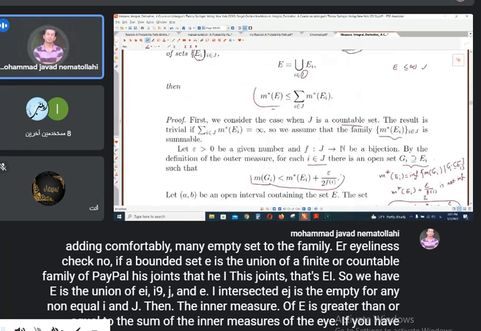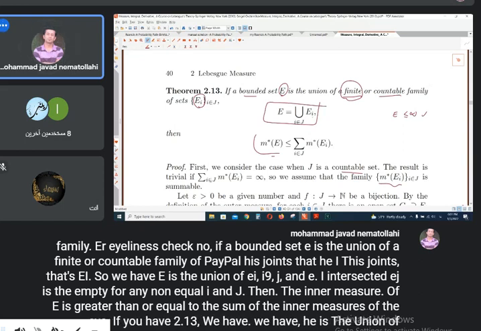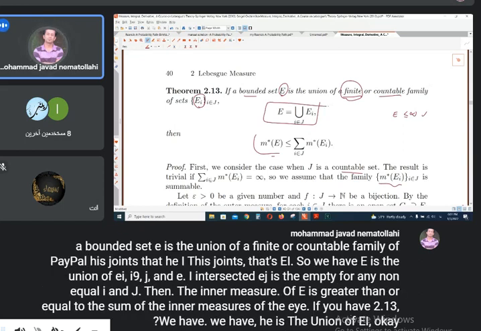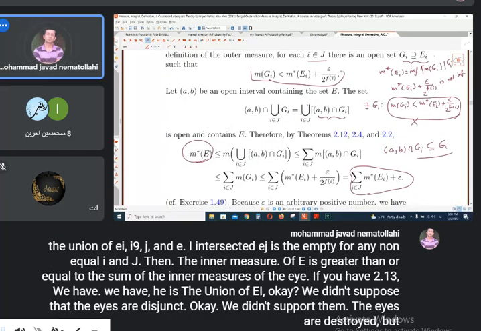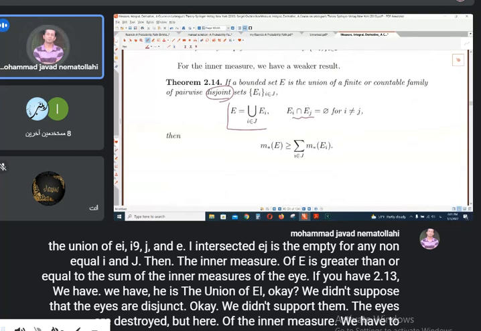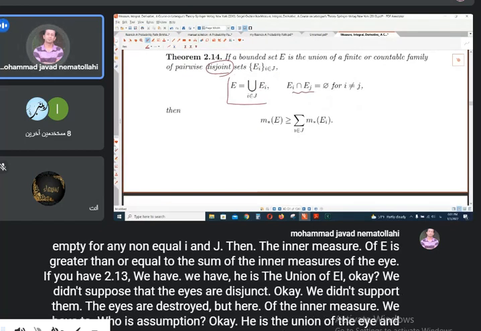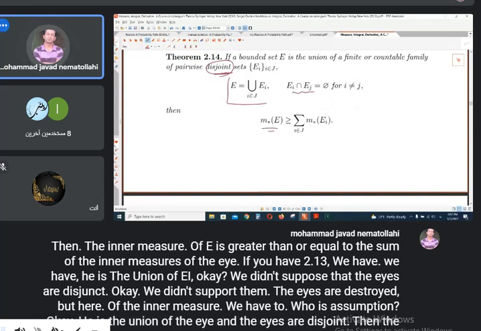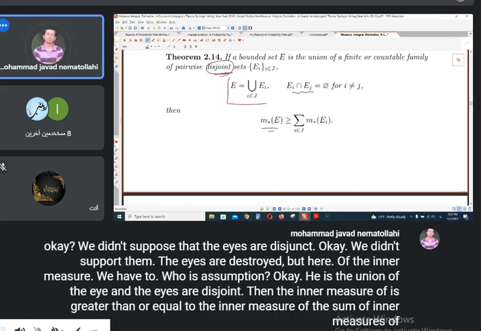In theorem 2.13, we didn't suppose that the E_i are disjoint, but here for the inner measure, we have to make this assumption.